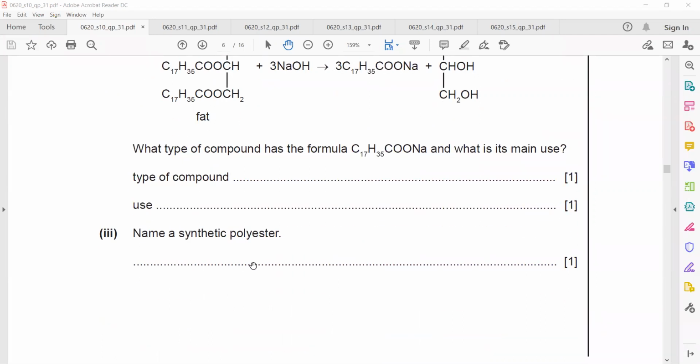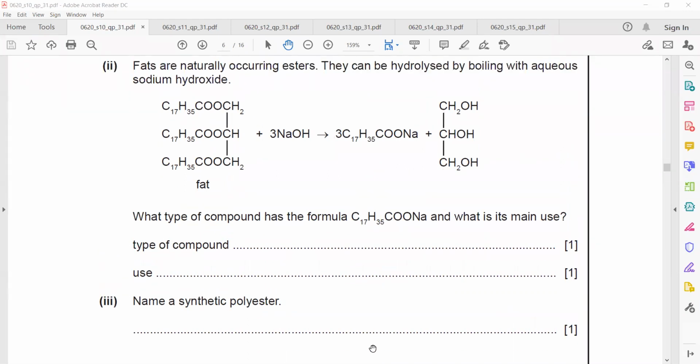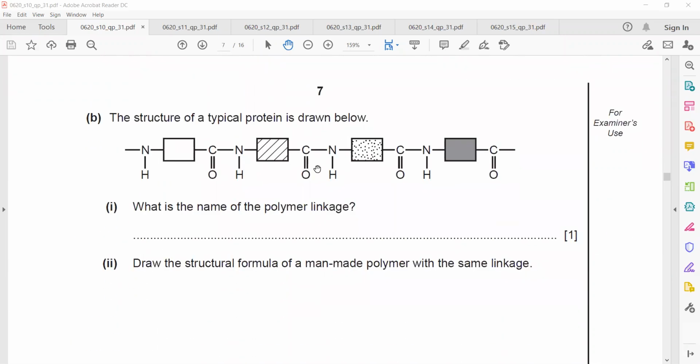Then name a synthetic polyester. Synthetic polyester means man-made polyester. What is the name of a man-made polyester?